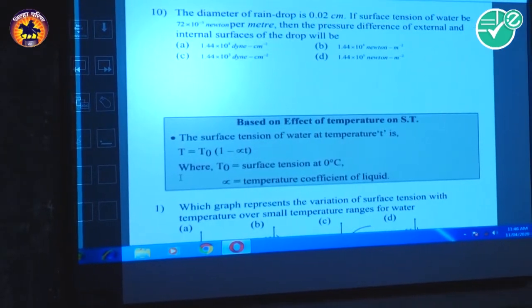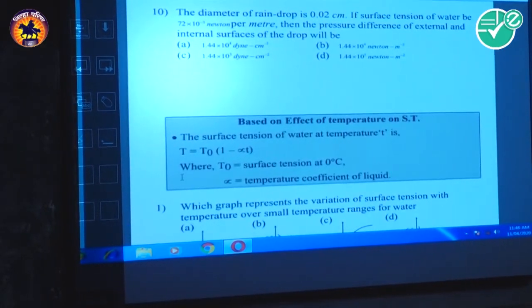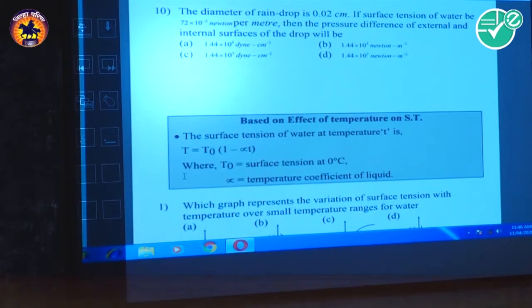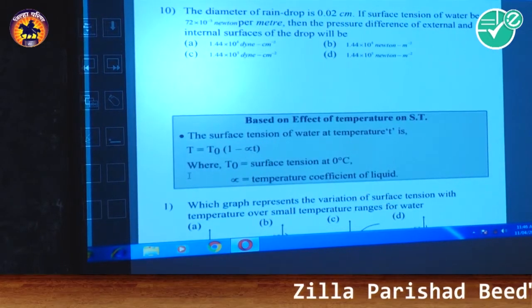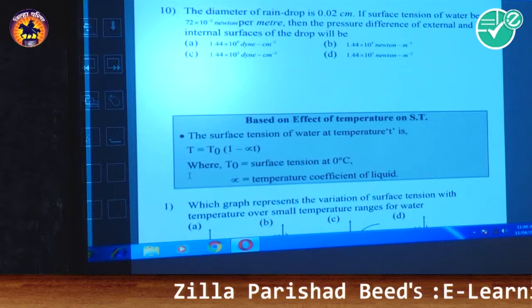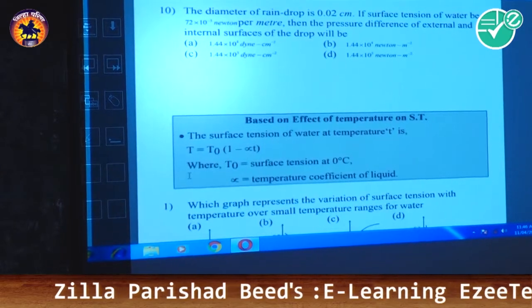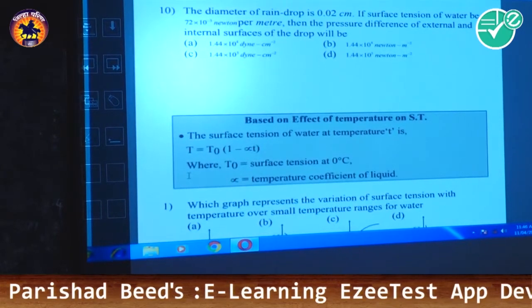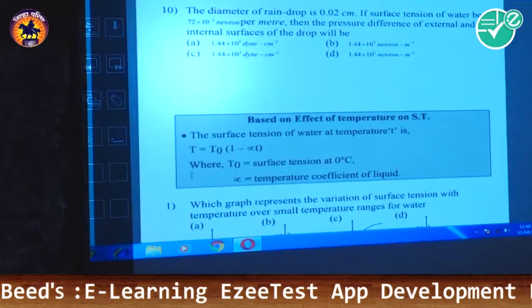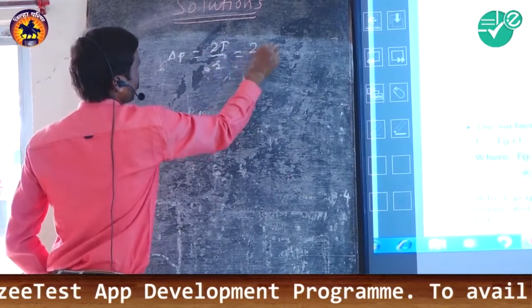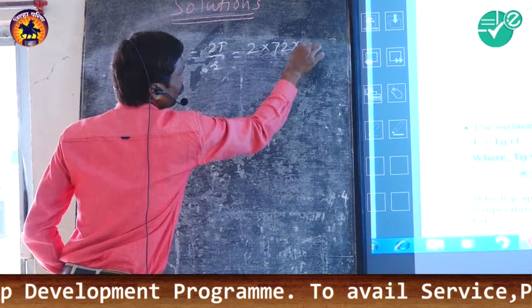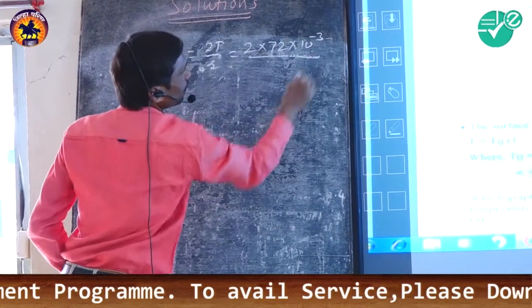The diameter of a raindrop is 0.02 centimeter. If the surface tension of water is given, find the pressure difference between external and internal of the raindrop. The raindrop is spherical in shape, so the excess pressure is 2T divided by R, that is 2 into 72 into 10 raised to minus 3 divided by r.